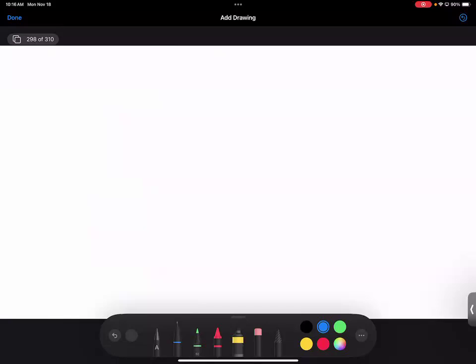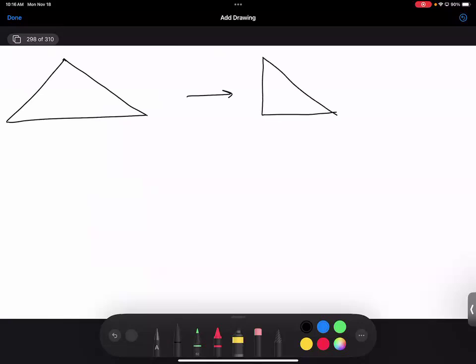So my first thought is it would be wonderful if I could make the following assumption. From here, I could reduce to just considering maybe a right triangle. And again, I have no idea if this is going to work, but my first thought is to draw the perpendicular like this.